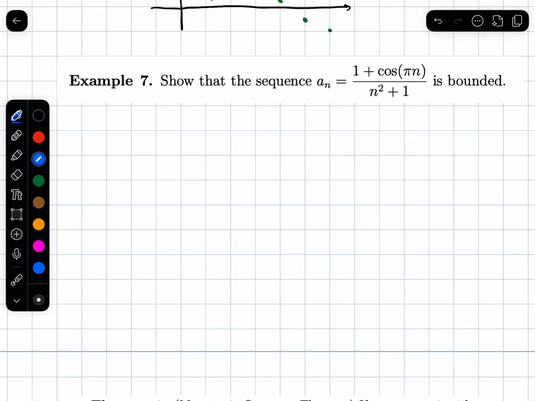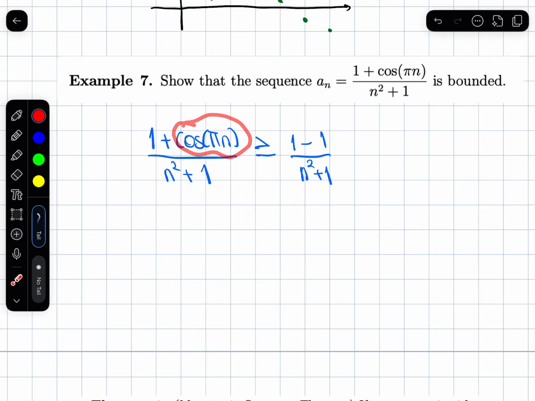So very simply, 1 plus cosine pi n over n squared plus 1 is always greater than 1 minus 1 over n squared plus 1, because the cosine can never be less than -1. So the least this could possibly be would be when this is -1, and when that happens, these are going to cancel, and this is just going to be 0 over n squared plus 1, which is 0.